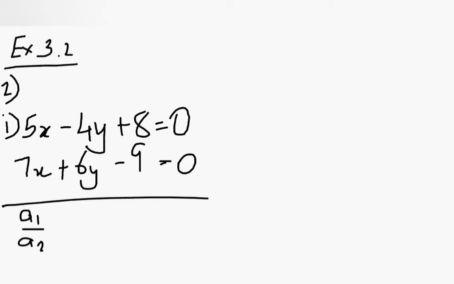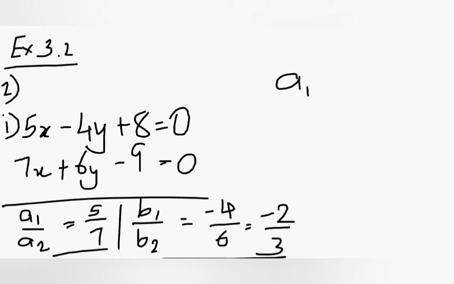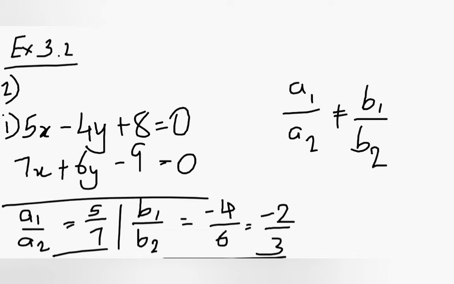So a1 upon a2 is equal to 5 upon 7 and b1 upon b2 is equal to minus 4 upon 6, which is equal to minus 2 upon 3. Since a1 upon a2 is not equal to b1 upon b2, therefore the lines are intersecting. And that's all we have been asked.